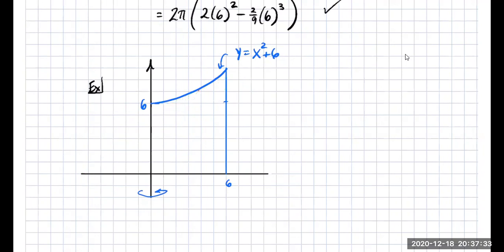Take the differential rectangle, turn it sideways from where it was before. In other words, make it vertical. Say here. Now, when that rectangle goes around the y-axis, it's going to sweep out a shell.